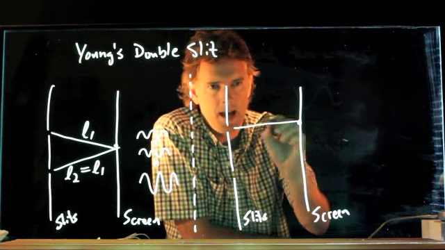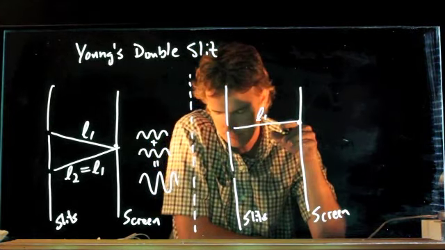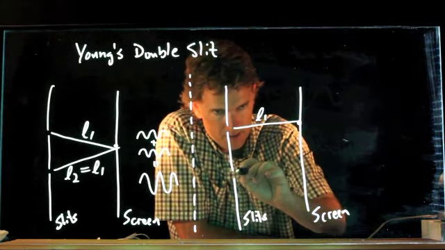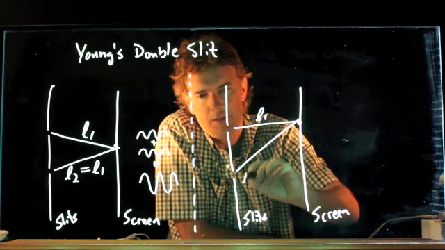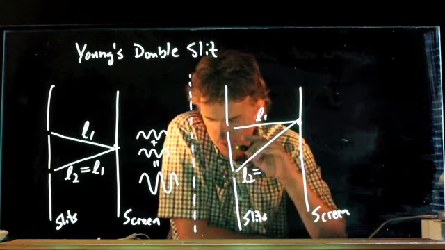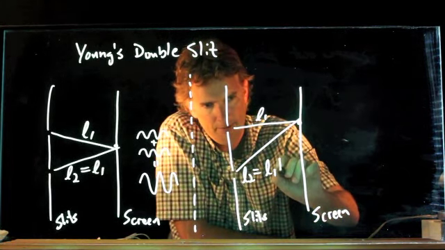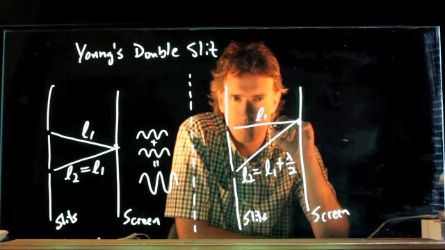That travels some distance. We can still call it L1 for now. Let's say that this light travels a farther distance, L2, and in this case, let's let L2 be a half a wavelength longer than L1.